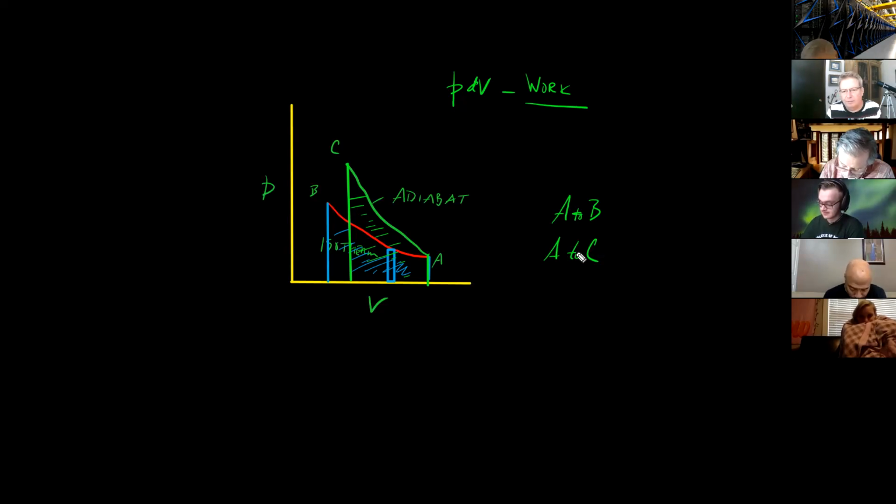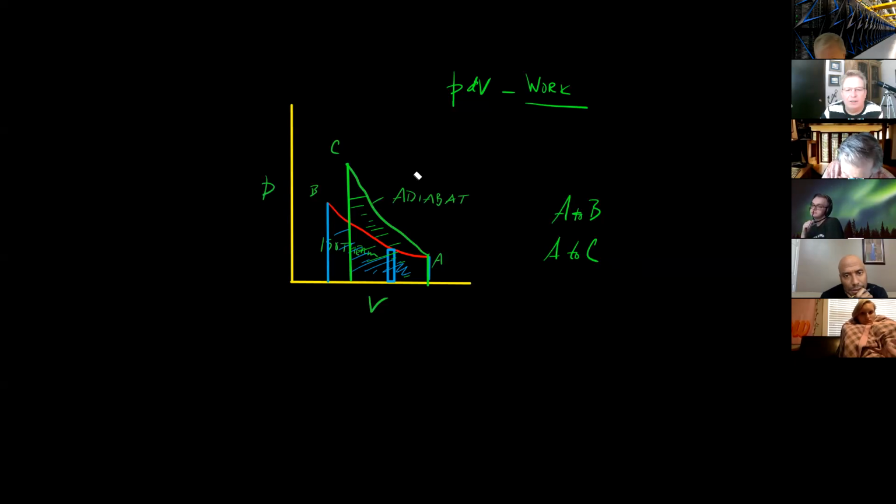Do you agree? Yes. Which is going to require more work? Which of these two diagrams is more work? I want to say B to A because it looks like there's a lot more of a width.